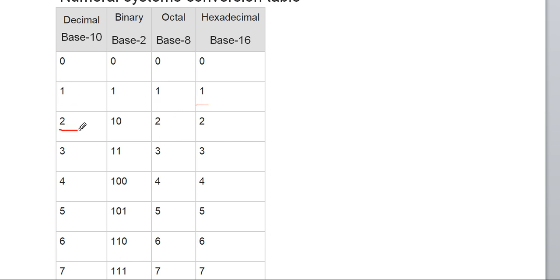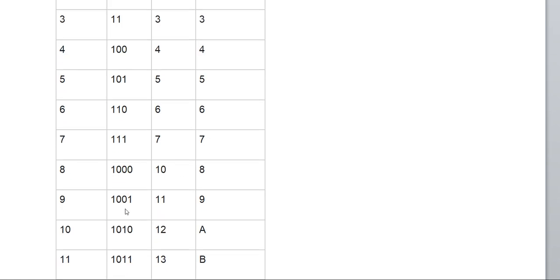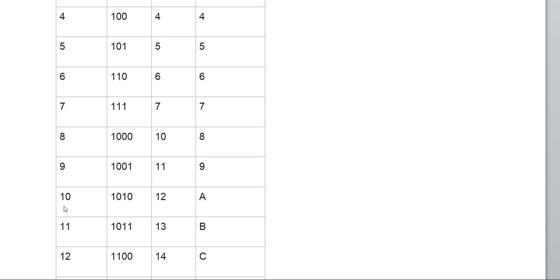And if it is 2, then in binary it is 10, in octal it is also 2, and in hexadecimal it is also 2. 3 in binary is 11, and in octal and hexadecimal it is 3. So in this manner you are able to understand how we represent one digit in different number systems.